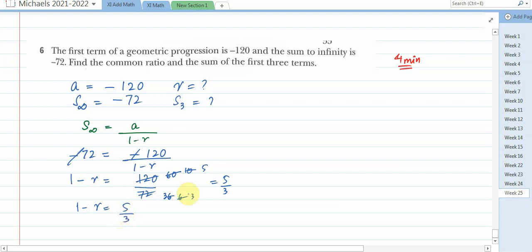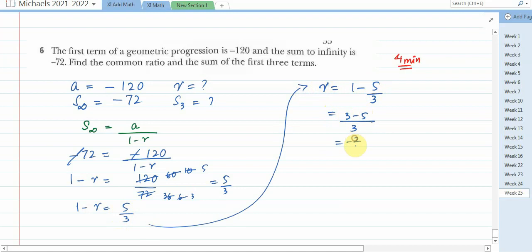We need to find the value of R here. So R is 1 minus 5 over 3. Taking LCM, that is 3, it leads to 3 minus 5, which is minus 2 divided by 3, that is your R. If you are confused why it is negative, R can be negative or positive.